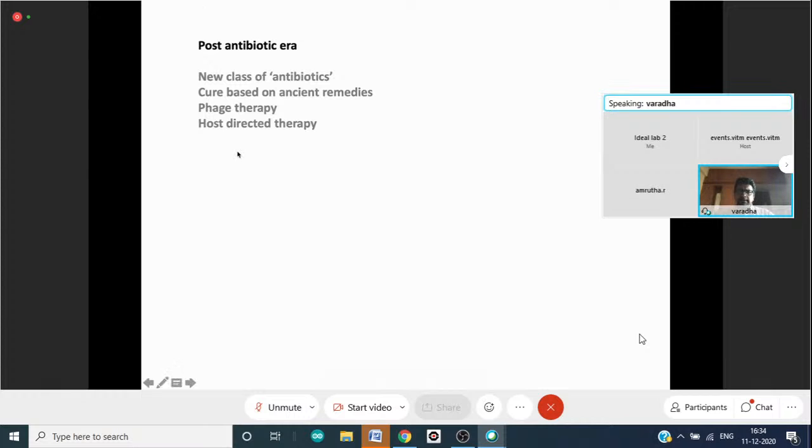Another possibility, and my lab in particular is working actively on this, is something called host-directed therapy, where we are working with the concept that the bacteria needs our body to cause a disease. It is using our body to live and to multiply inside us. Now, all these antibiotics attack the bacteria directly and kill them.